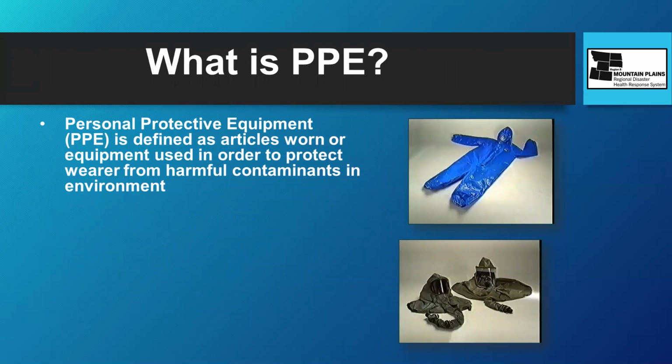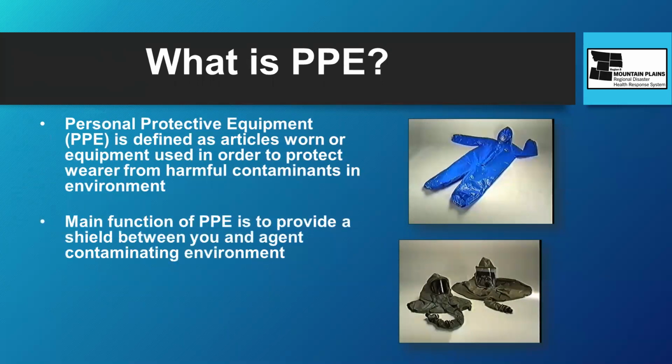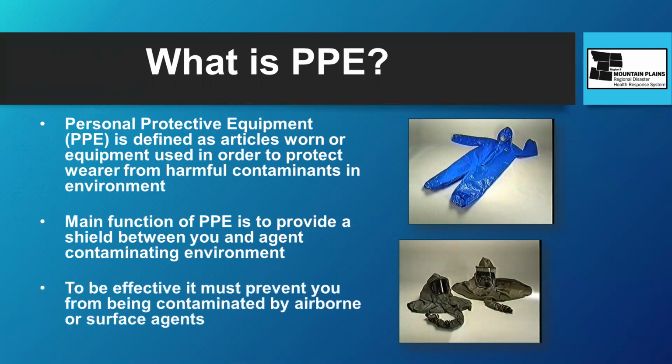So PPE, why is it important? Well, it's important because it protects you from this bad stuff. It's designed specifically to provide protection from all of the various routes of exposure. It's a barrier between you and that contaminated environment. And it has to protect you from both inhalation and contact exposure.